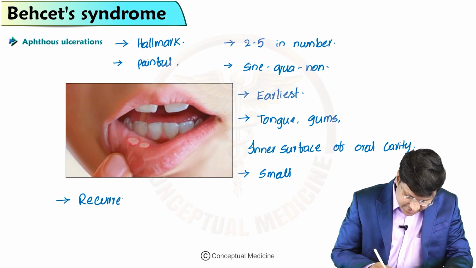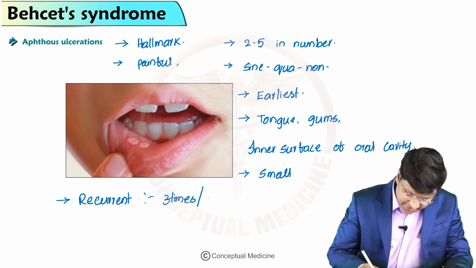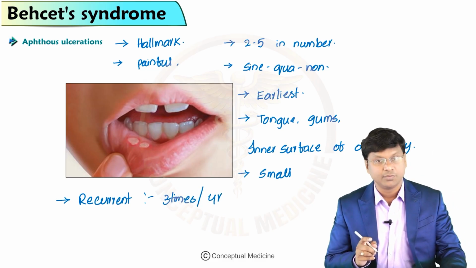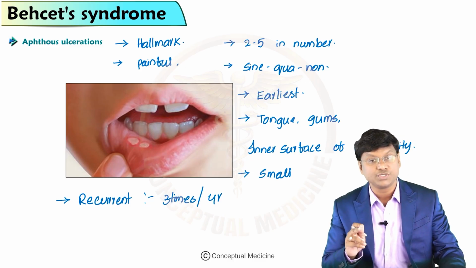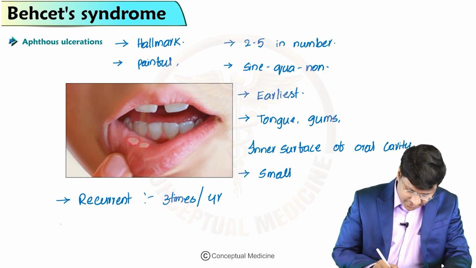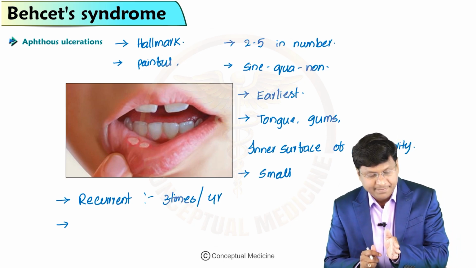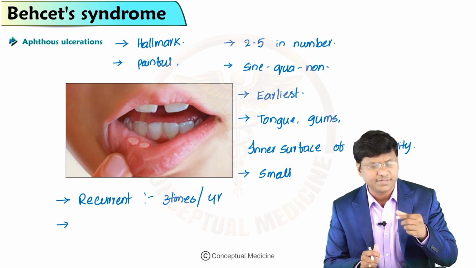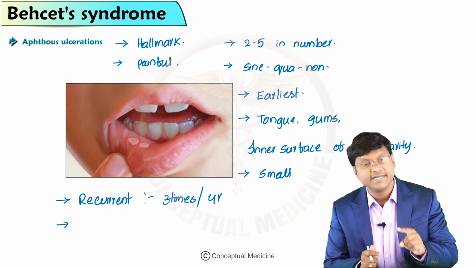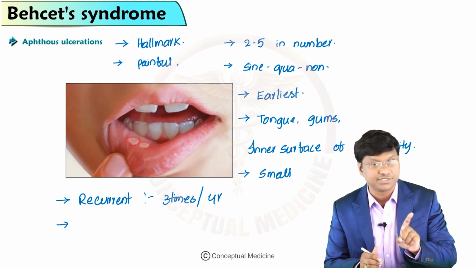And I said that these are recurrent. How many times do they appear within a year? They appear almost 3 times in a year, within a 12 month period. After the appearance of the ulcer and a period of time, the ulcer will disappear, and whenever it disappears, there is no scar formation.